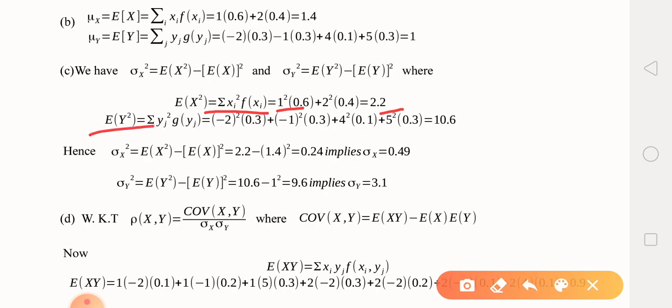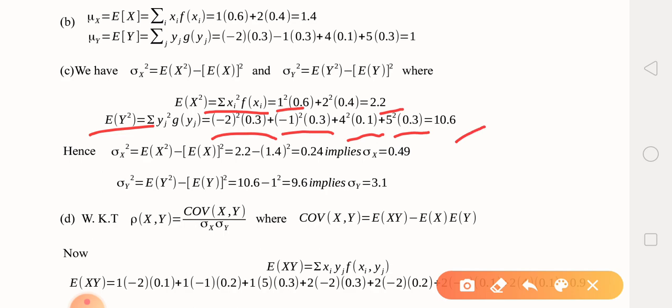Expectation of y square is summation yj square g of yj, which means square each of the y values, multiply by its probability and consider the sum. Minus 2 whole square into 0.3 plus minus 1 whole square into 0.3 plus 4 square into 0.1 plus 5 square into 0.3 is equal to 10.6.